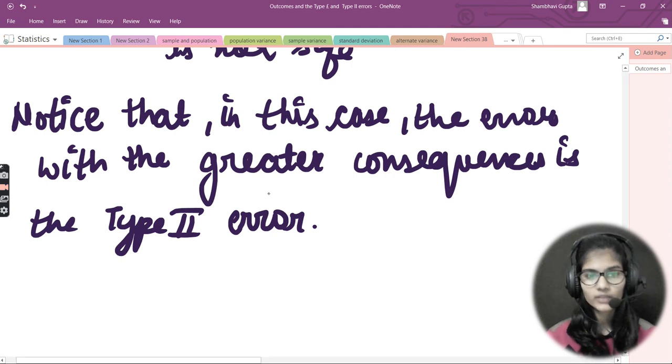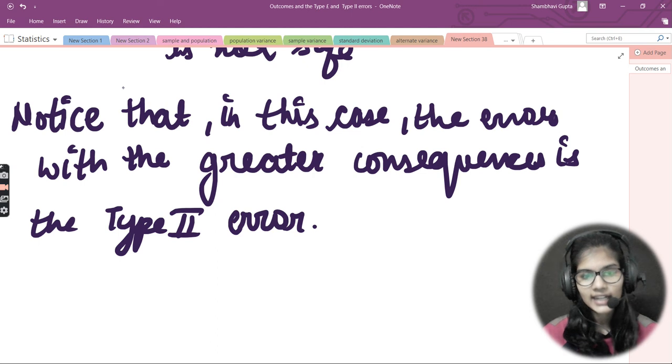From that we can say that the error with the greater consequences is the type 2 error. In my question the climbing equipment is actually safe, but in my type 2 error it is saying that it is not at all safe. So the greater consequences are with the type 2 error.